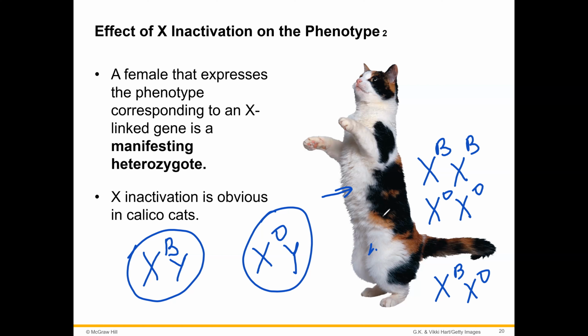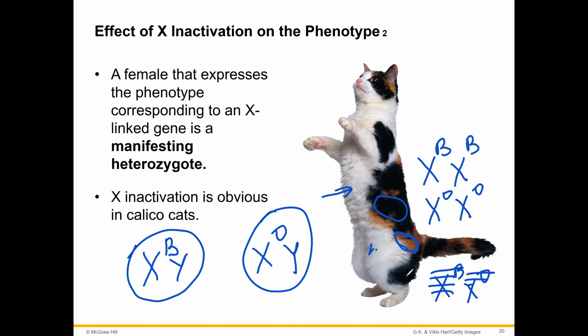And then we have patches. Why do we have, for example, black here and orange here? Because the cells that produce the black patch have the X chromosome carrying orange color inactivated, and the cells that produce the orange patch have the other X chromosome inactivated.